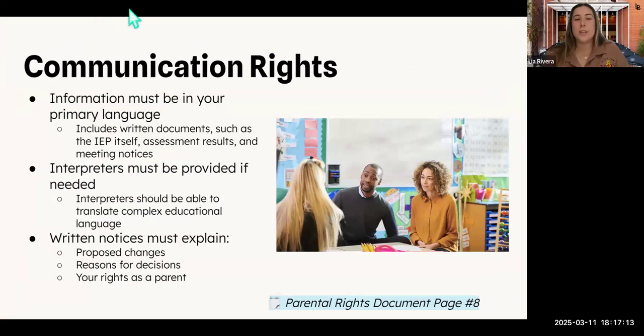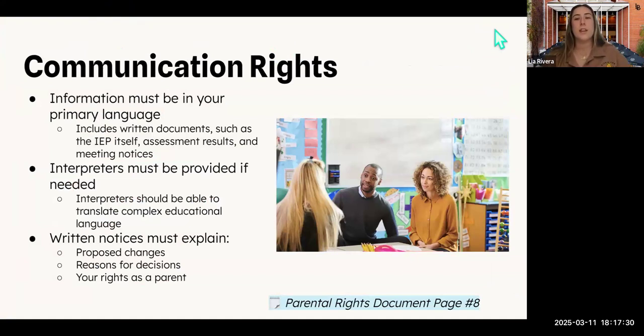So we're going to go into a little bit more detail about the communication rights, and also, to what Danielle said, this is also on page 8 of the Long Beach Unified Parental Rights, the safeguards. So under communication rights, there's 3 super important topics.